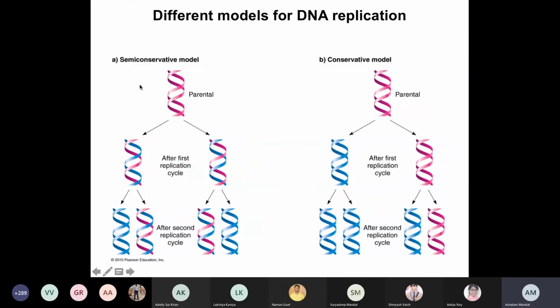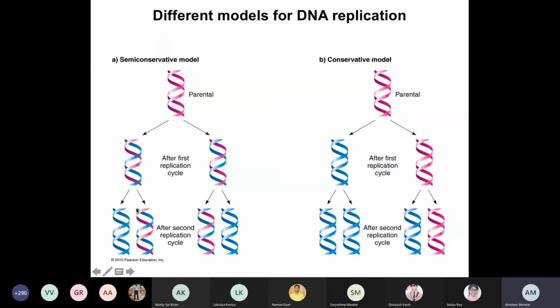That should be true for both cases. But at the end of the first generation, if it follows the semi-conservative mode, you should have 100% hybrid molecules. If it follows the conservative model, you should have 50% heavy and 50% light.